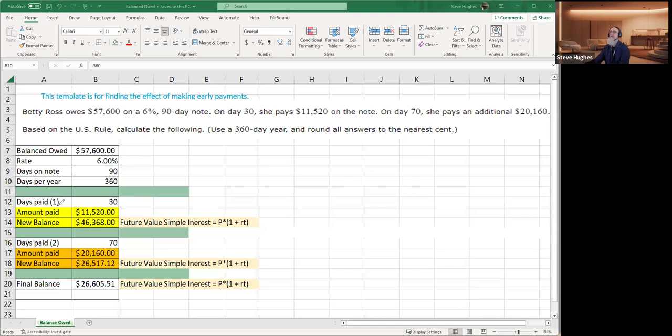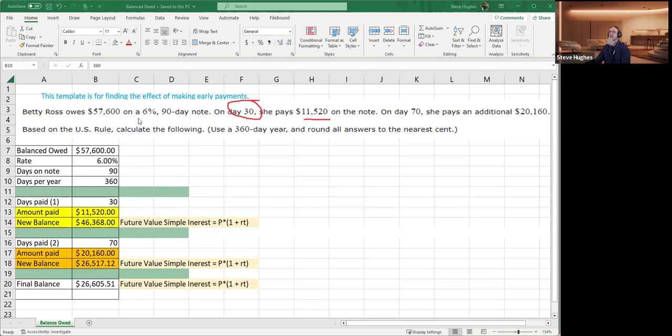Days paid. So first of all, they paid on day 30. So the days paid is 30. The amount that they paid was $11,520. These are things that you would be changing if you were doing this for yourself. Now let's take a look. The new balance, everybody, is future value simple interest.